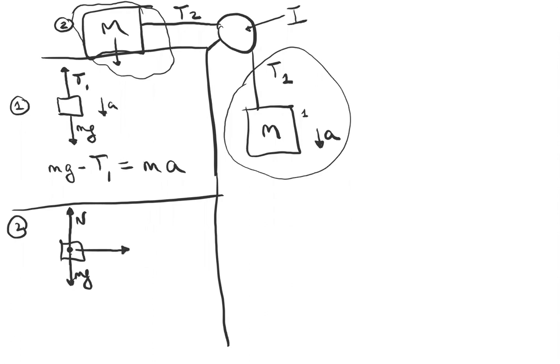And I have my tension. Let's say there is no friction. If there is no friction, then Newton's second law tells me that T2 is equal to the mass of my box times its acceleration.